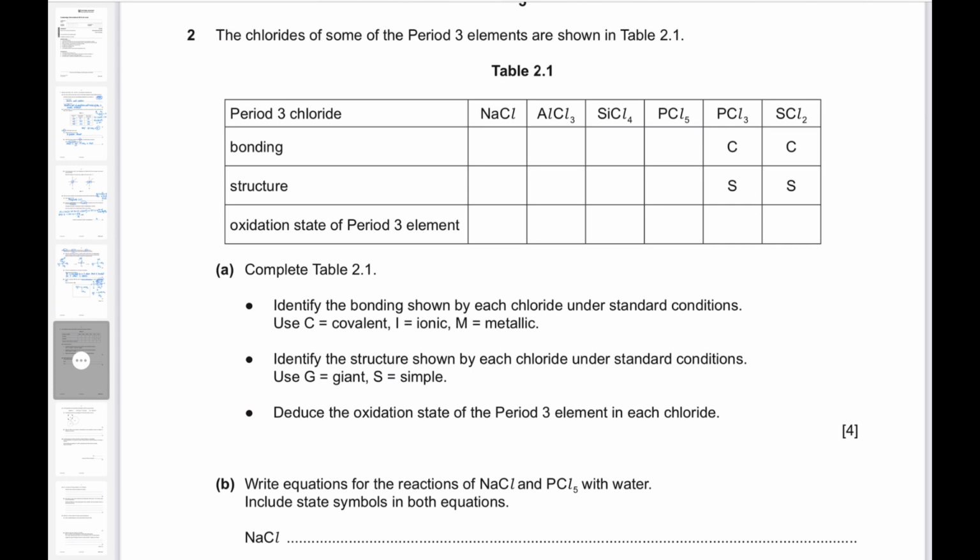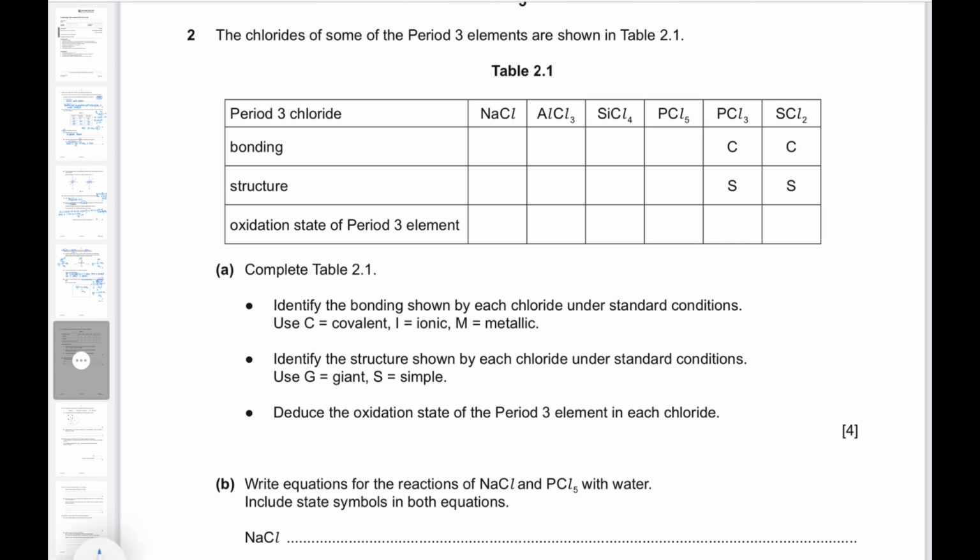Question 2. The chlorides of some of the period 3 elements are shown in table 2.1. Complete table 2.1 by identifying the bonding shown by each chloride under standard conditions. Use C for covalent, I for ionic, and M for metallic.